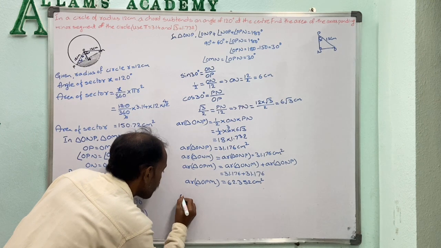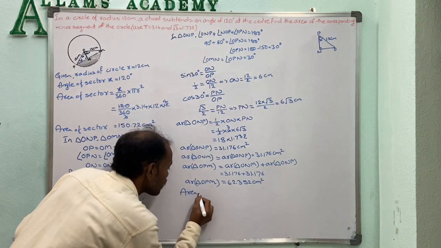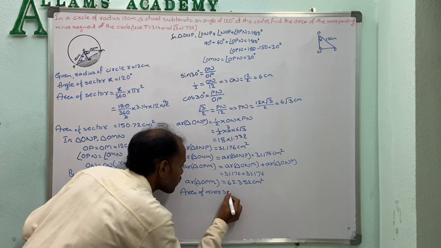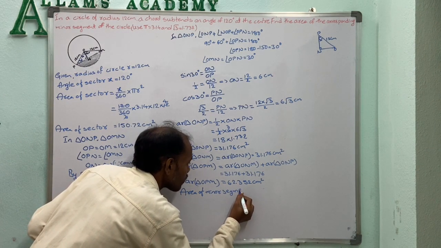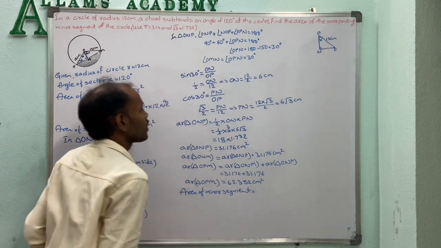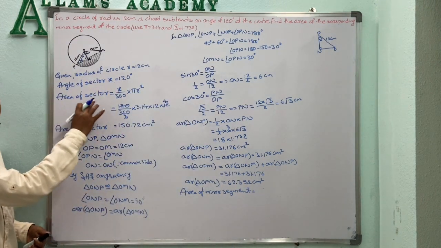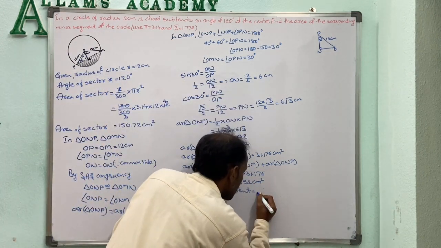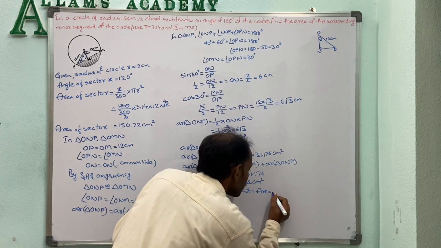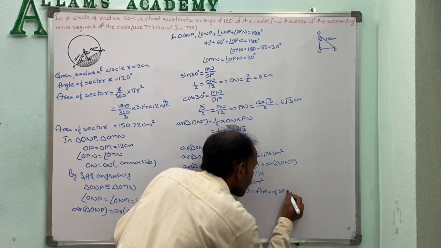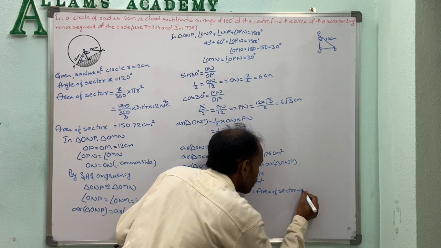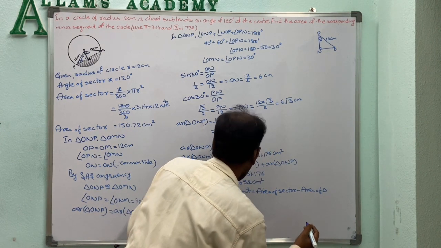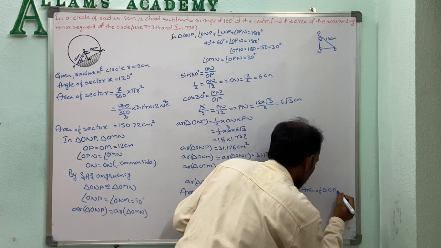So area of minor segment equals area of sector minus area of triangle OPM.